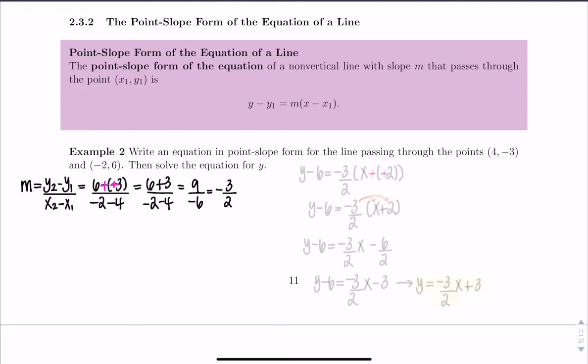So in this case, I'm going to pick (-2, 6). So we have y minus y1, which is 6, is equal to our slope we found, negative 3/2, times x minus negative 2.